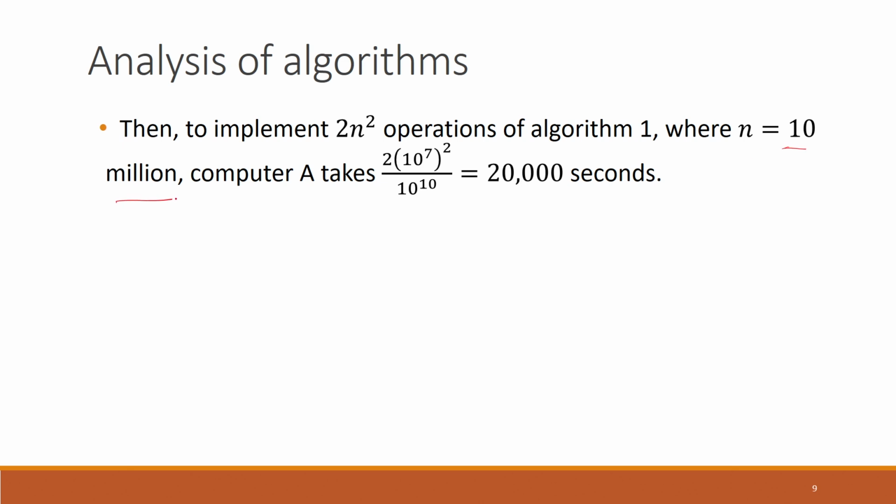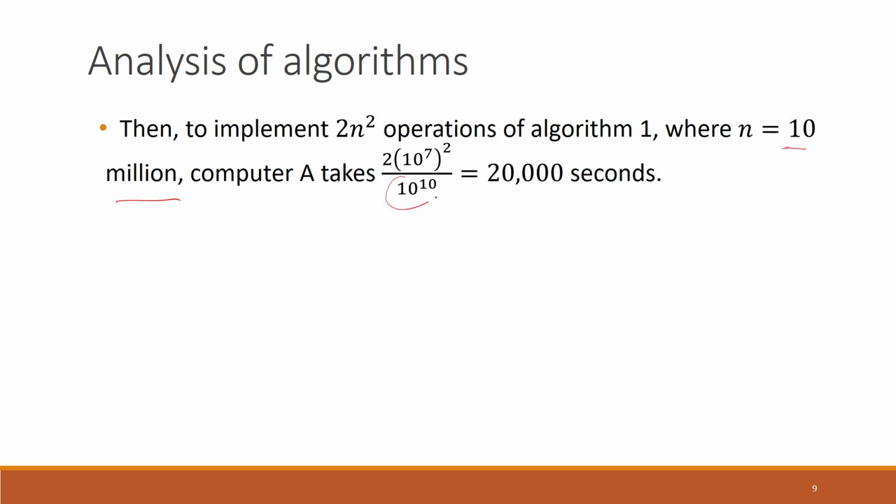Now, let us say we have to solve a problem with n equal to 10 million, first by algorithm 1, and algorithm 1 is being run on computer A that can run 10 billion operations per second. Let us see how much time it will take to solve this problem. To calculate that, we have 2n square where n is 10 to the power 7, because 10 million is 10 to the power 7, divided by 10 to the power 10.